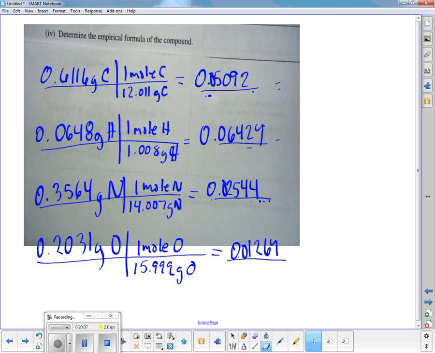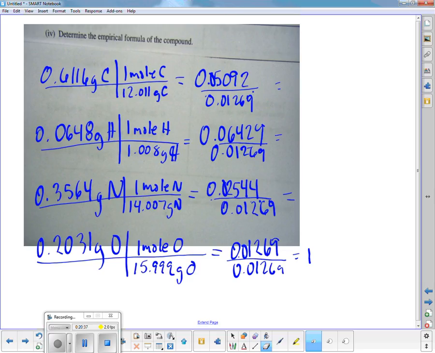Okay, so 0.0126. Is it 4 or 9? 9. Okay, what'd you guys get for these numbers?